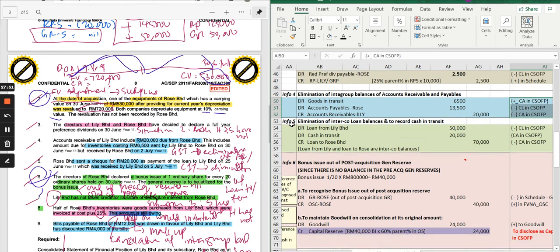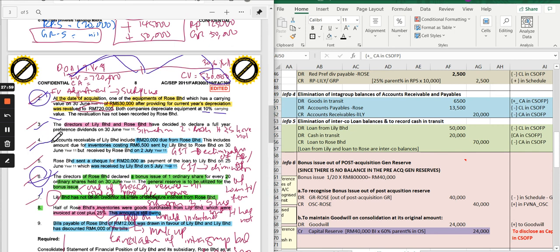Next one is the information on the elimination of the intercompany loan. Remember, this one we have done. This is also done. And we're doing number 5. We need to go and cancel off the intercompany loan with the goods in transit for the case of accounts receivable.